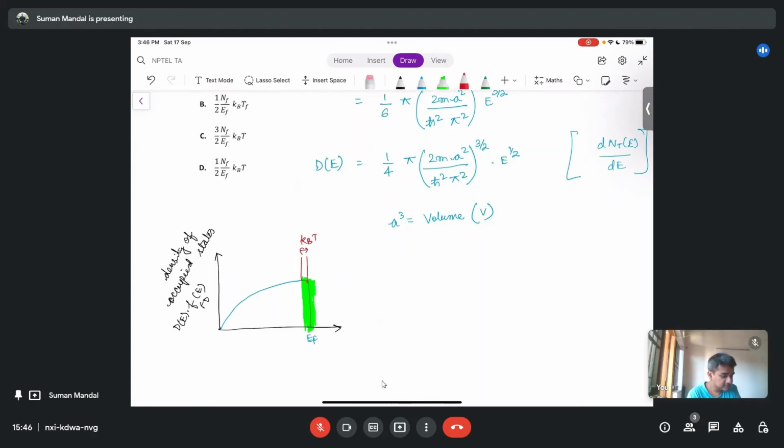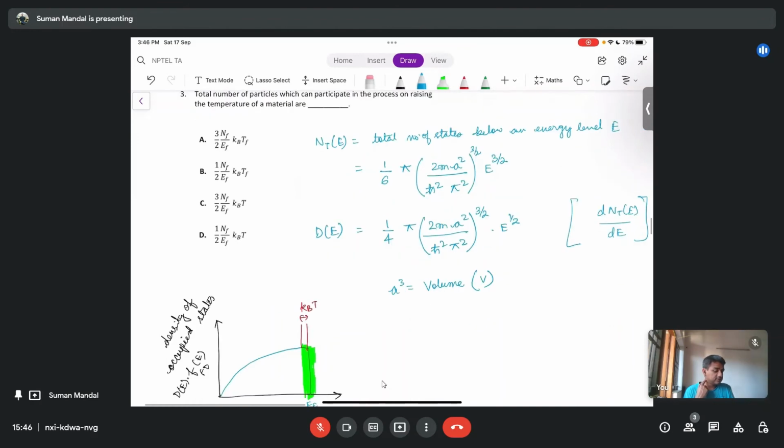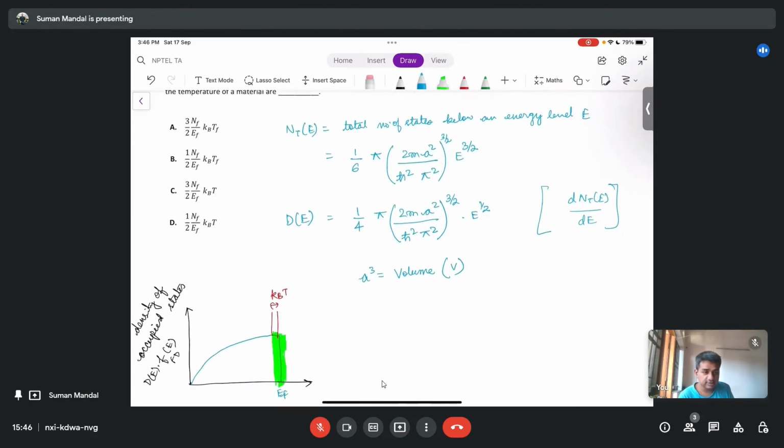So to do that, we can write the total number of occupied states.